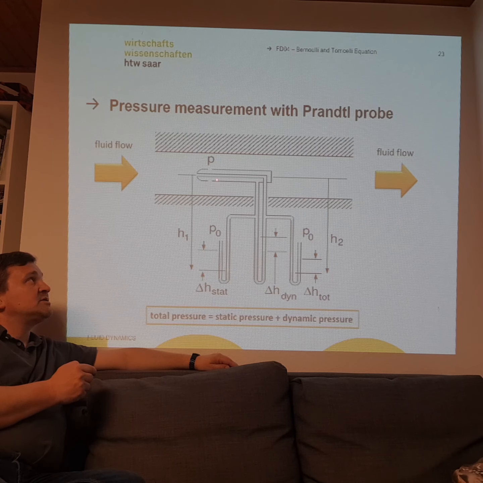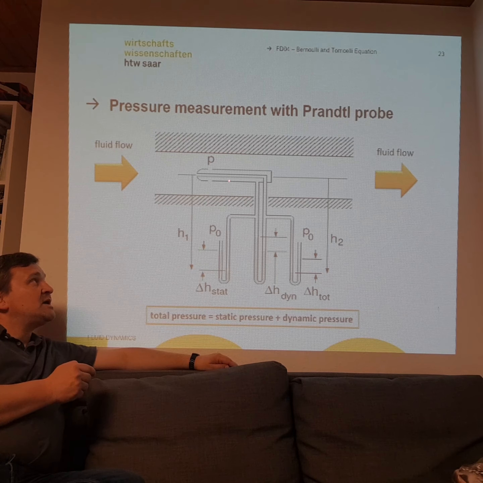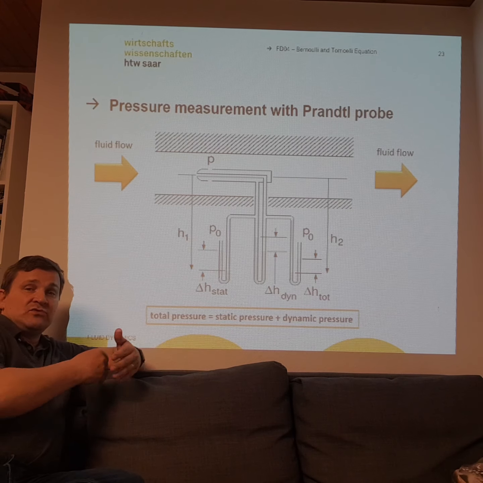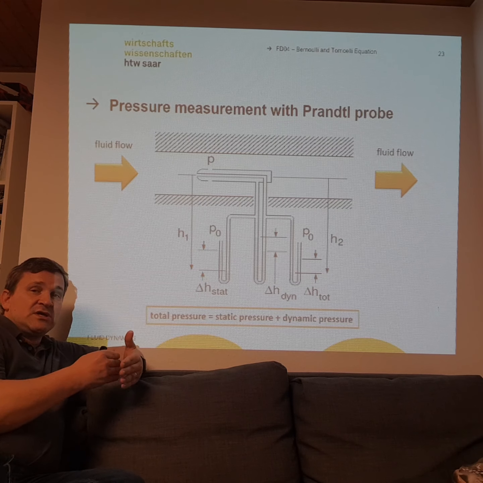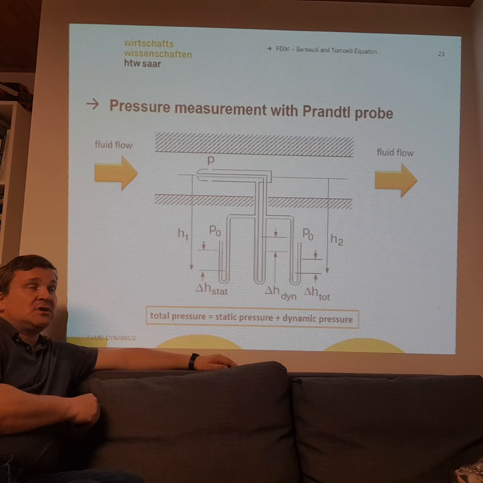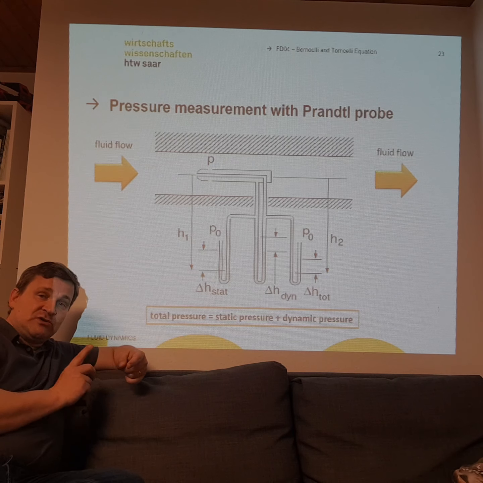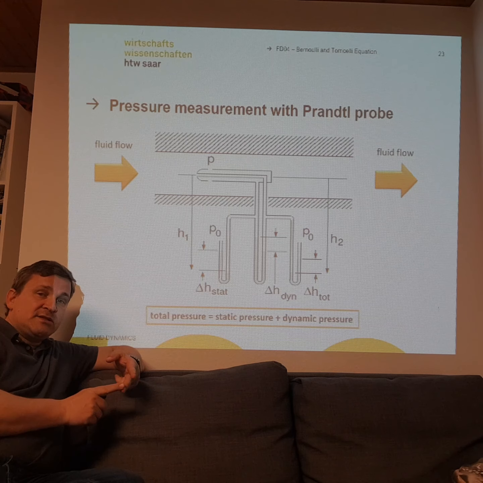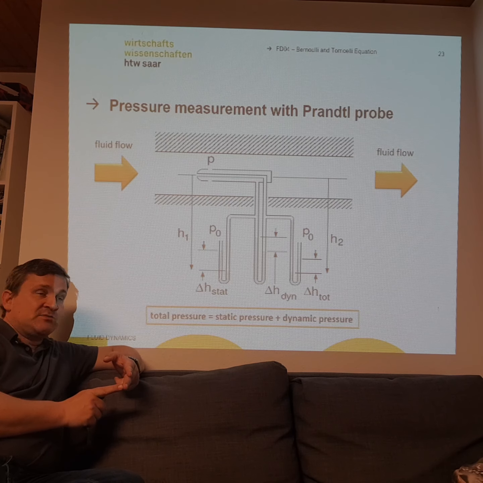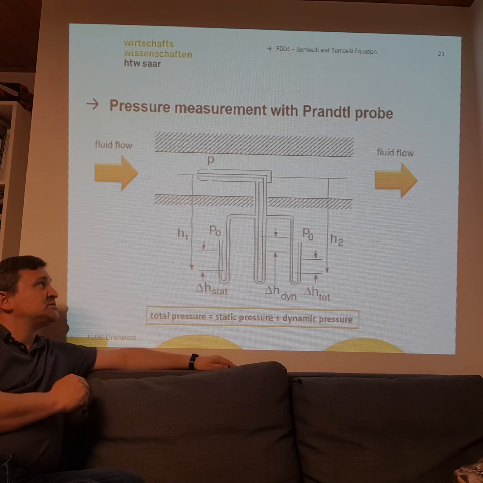On the other side, you make a small hole at the side of the tube, and there we don't have a ram pressure, we don't have a high pressure like at the tip, we have only a static pressure. So here at the front we have a combination of static pressure and the velocity influence, the dynamic pressure, and here we only have static pressure.